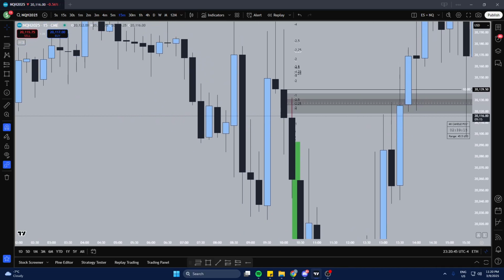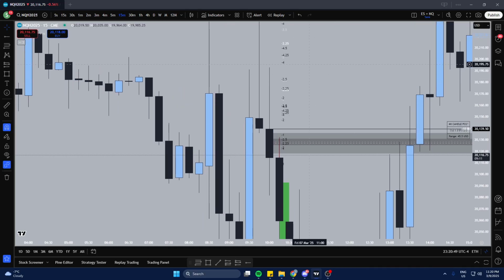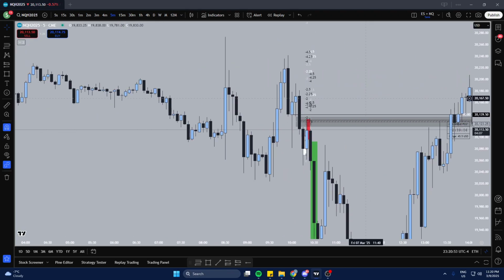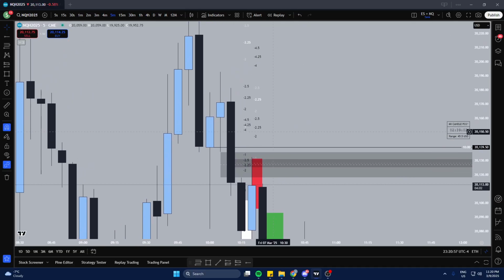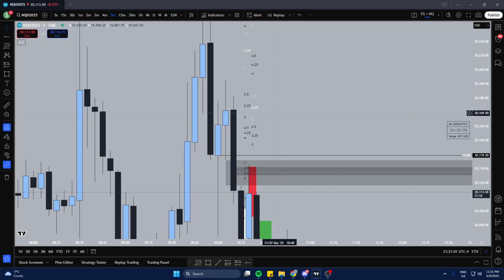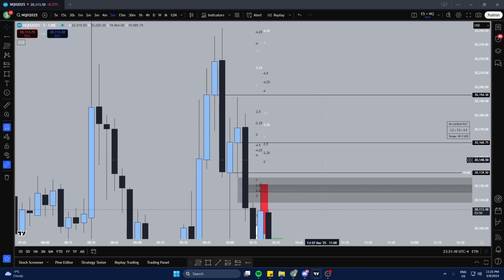There's not much here. Maybe up here, but we don't want price going up that high because of structure. So we pretty much only have this area, this 5 minute CISD, or this 5 minute CISD.